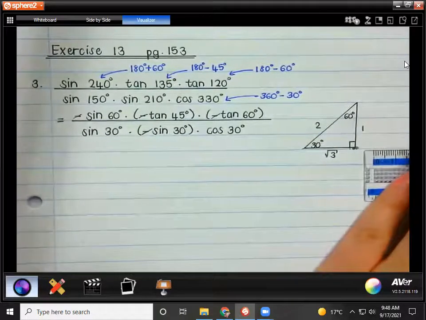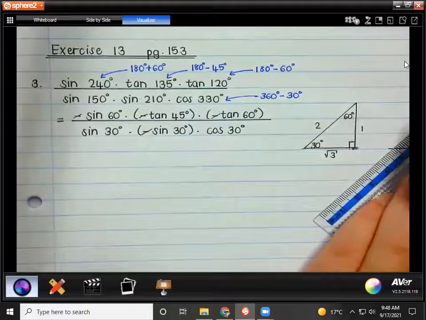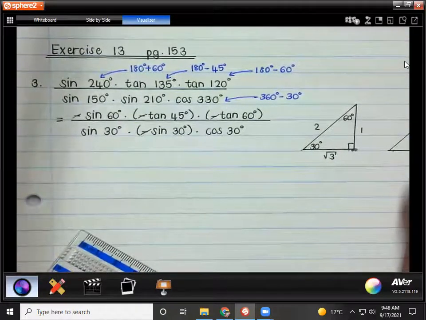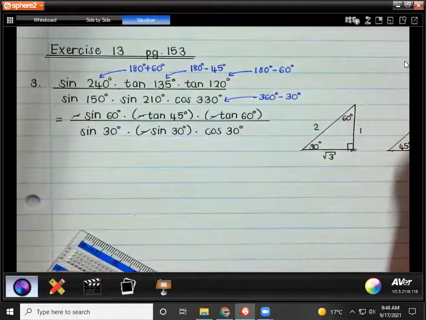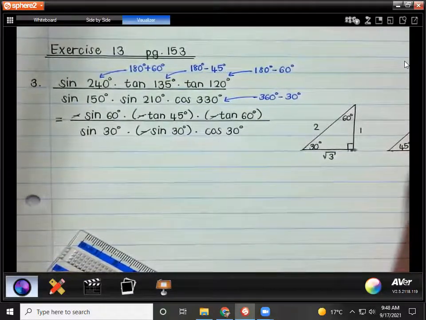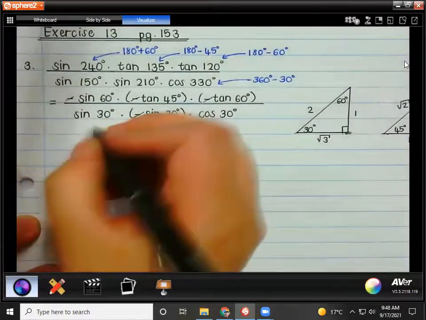Sorry, my pen is smudging all over the place. Okay, it's off screen, but you get the idea. Now we must find all of those values.